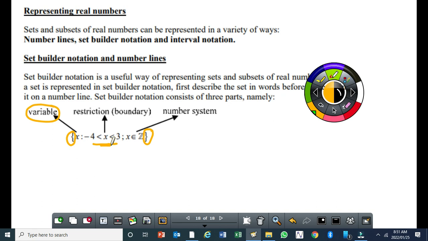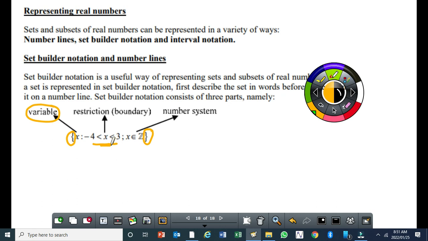The restriction means x cannot be every number on the real number system. No. X has to start from a specific minimum to a specific maximum. So the minimum here is -4, the maximum is 3. But -4 is not included, which I'll talk about later.